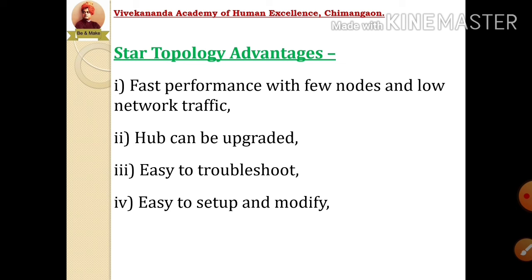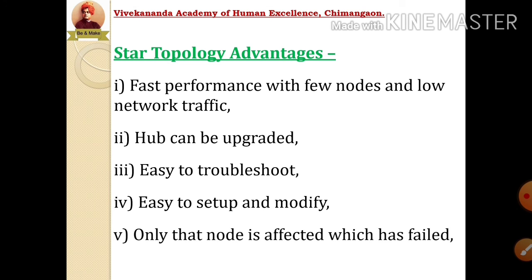I can install it easily, and I can modify it easily. Only that node is affected which has failed, meaning if any one node is not working, only that node will not work, and the rest of the network will work with full efficiency.